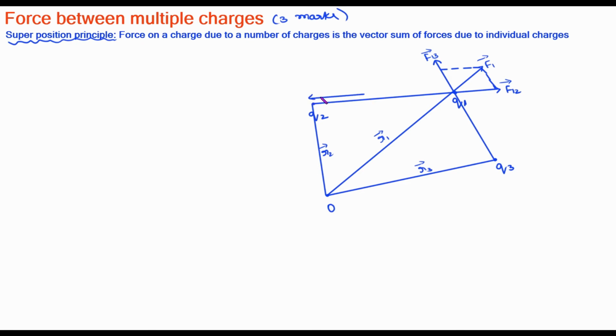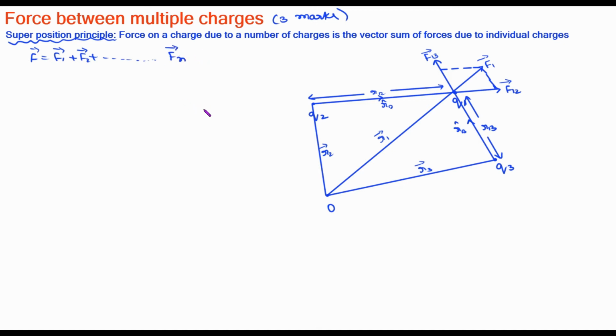The distance between Q2 and Q1 is R12 and the unit vector is R12 cap. Similarly, from Q3 to Q1 the distance between them is R13. So this is the required figure. From the statement I can write total F is equal to F1 plus F2 plus etc. up to the nth term, which is Fn.